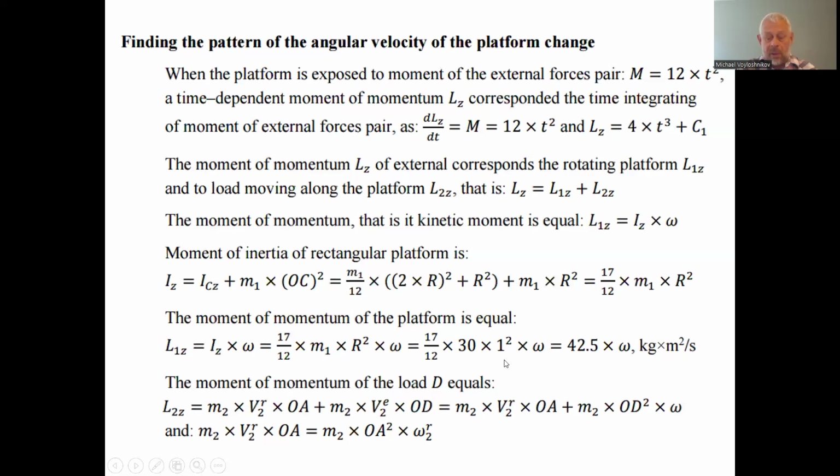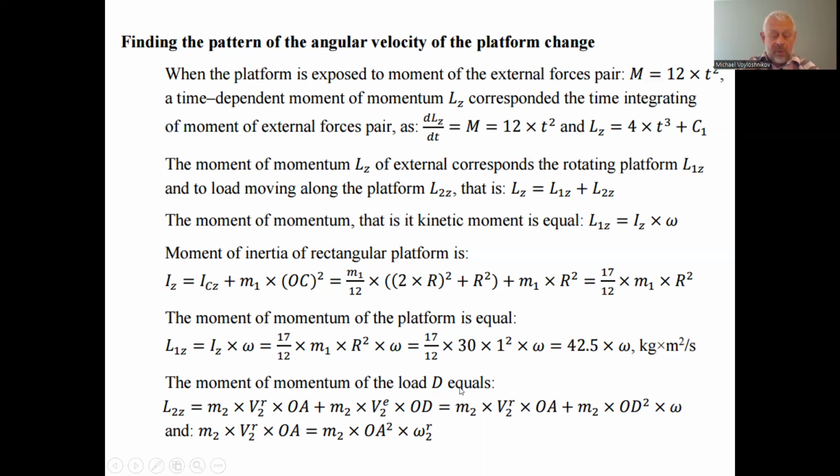We can substitute the data. We know the assigned mass of the platform and the size r, 1 meter, let me remind. After all the substitutions, we find that the momentum of the platform equals 242.5 multiplied by omega, the angular velocity of rotation of the platform, in kilograms times square meter divided by second.